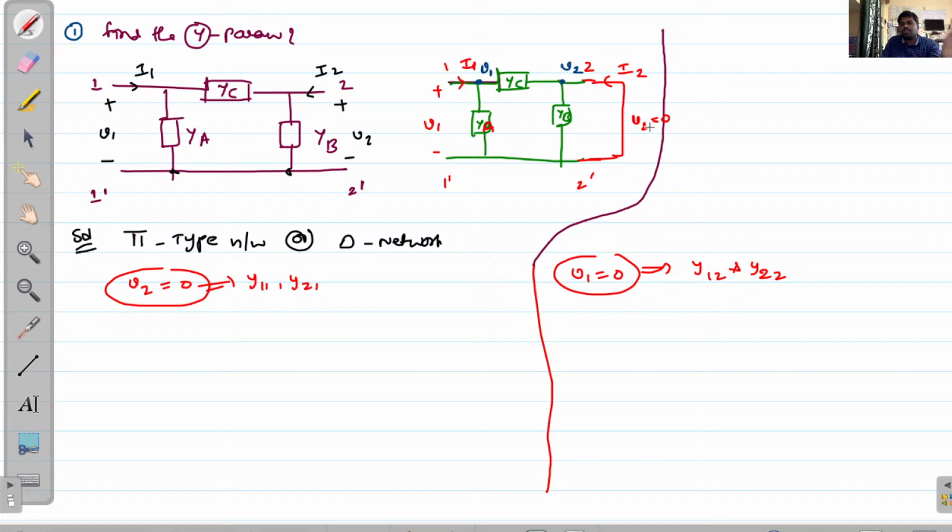The drop across this particular element is V1, right? That's why I'm taking this node voltage as V1. In between this line and the element we don't have any other elements present, so I'm taking the same voltage drop at this point. For example, if a certain resistance were there, you couldn't take V1 at this point.